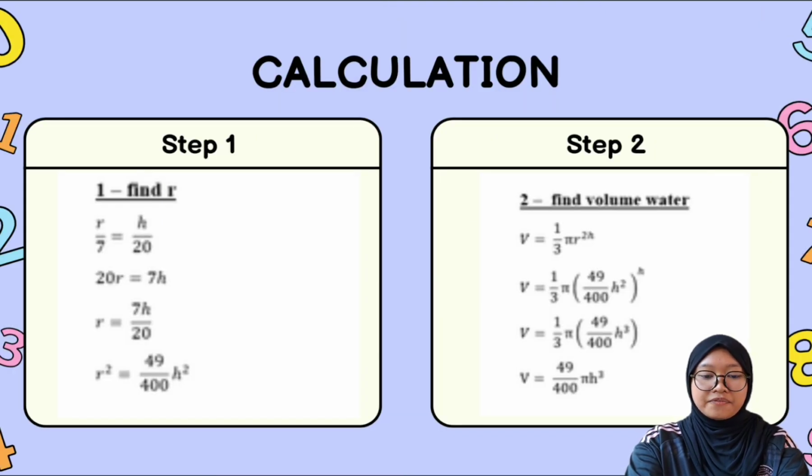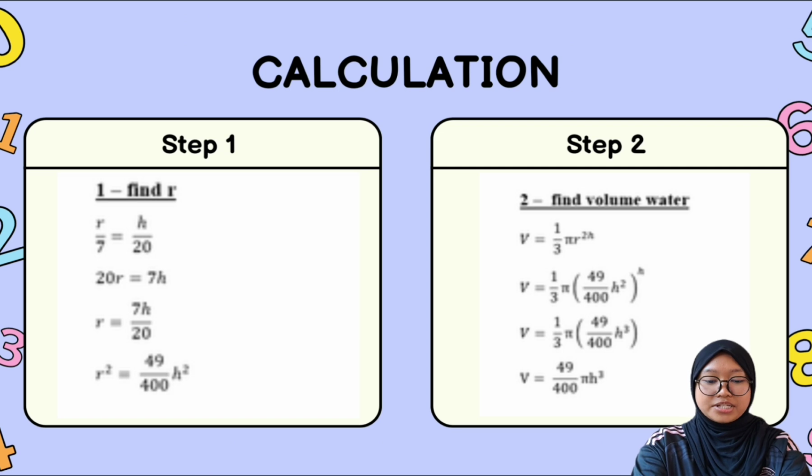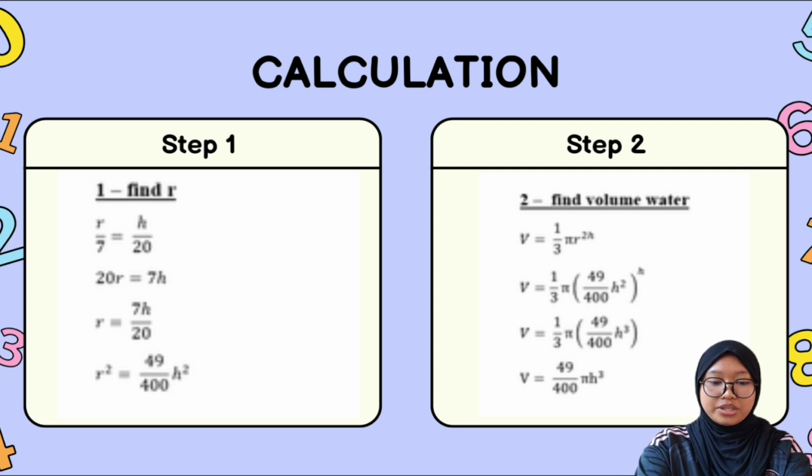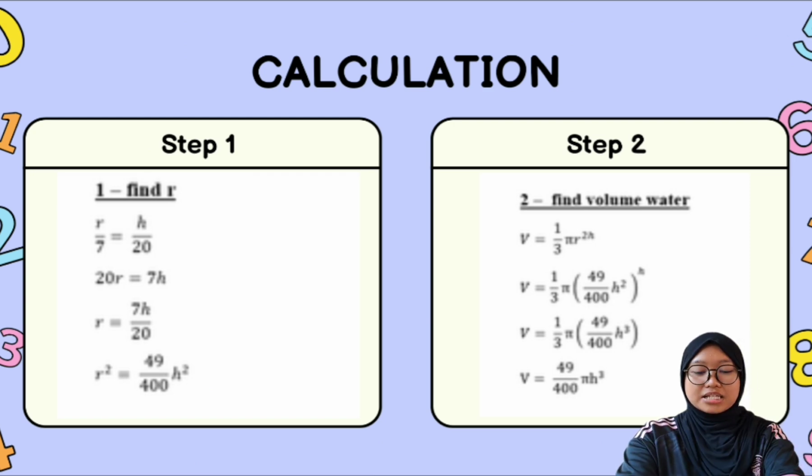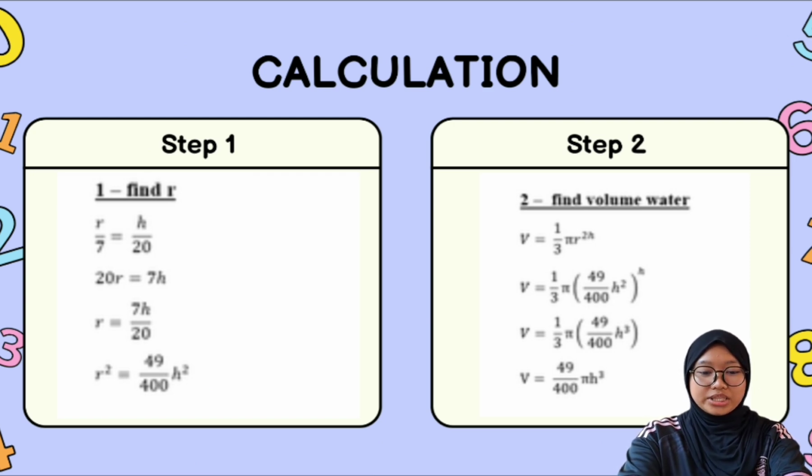Step 1. Find R. R over 7 equals H over 20. 20R equals 7H. R equals 7H over 20. And final answer, R squared equals 49 over 400 H squared. Step 2. Find the volume of water.